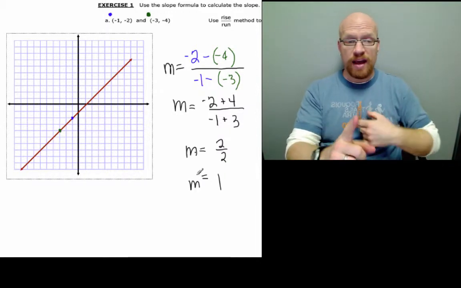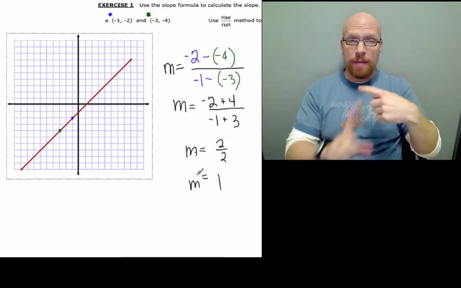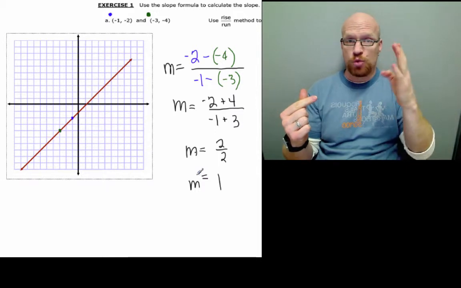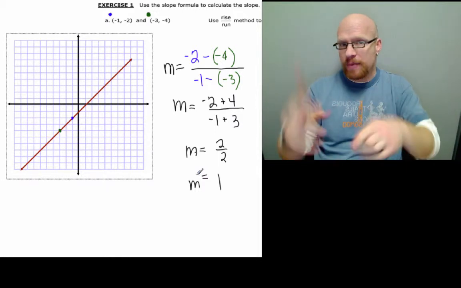Okay, so here we have positive 2 divided by positive 2 equals 1. Now we'll use our green and blue points on the line to see what happens here.